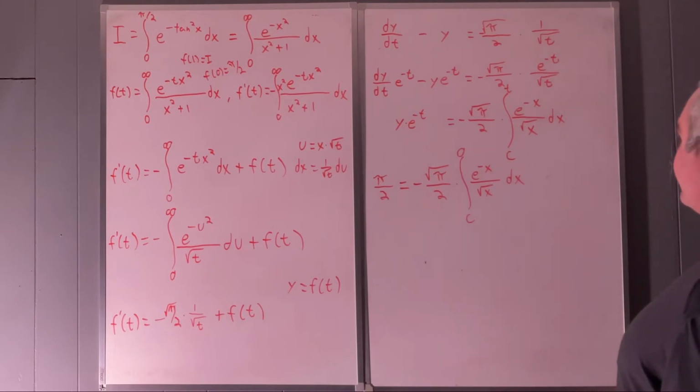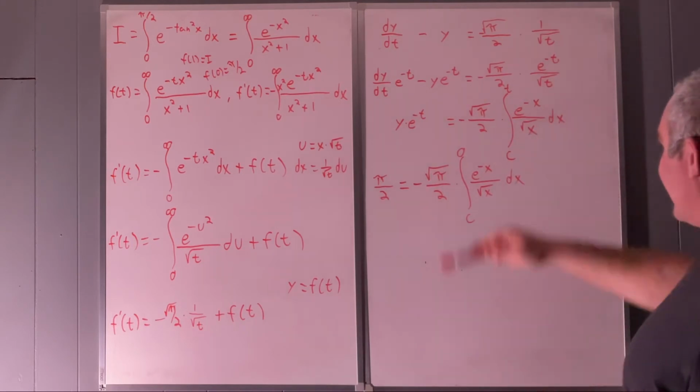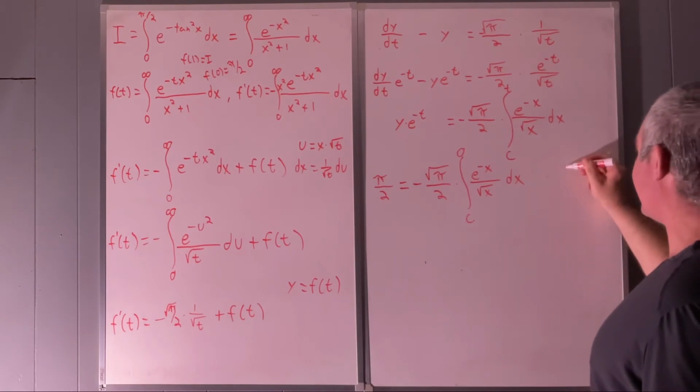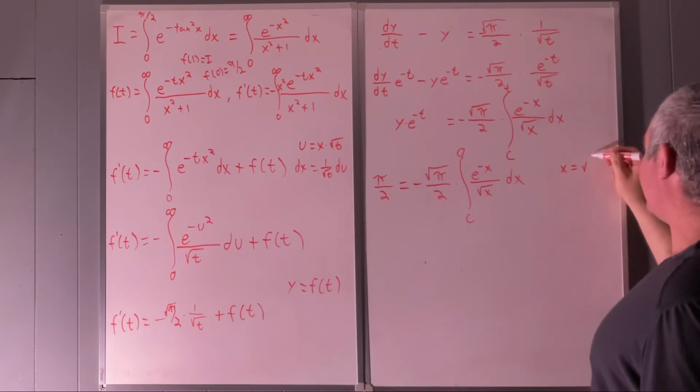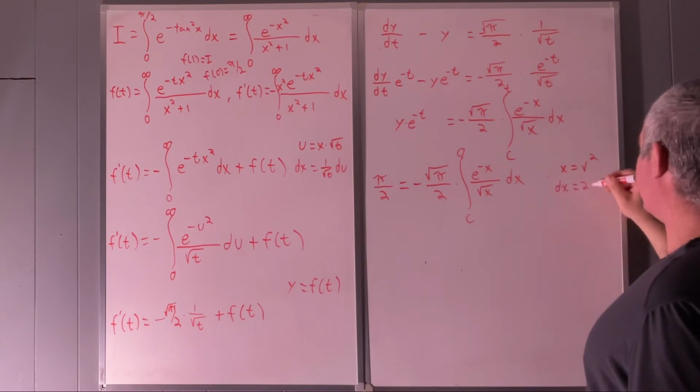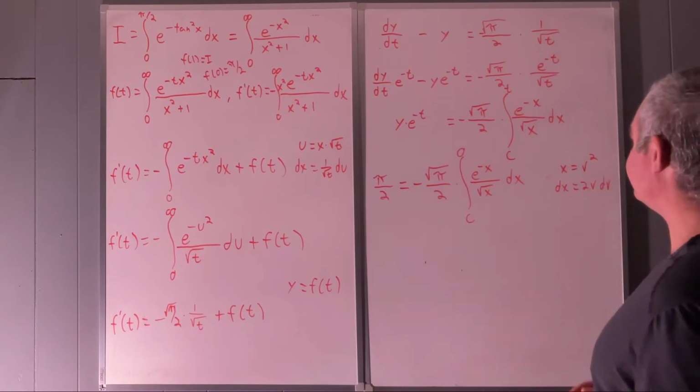I probably should have done this substitution in the last step, but let's make the substitution that x is equal to v squared. That'll give us dx equal to 2v dv.